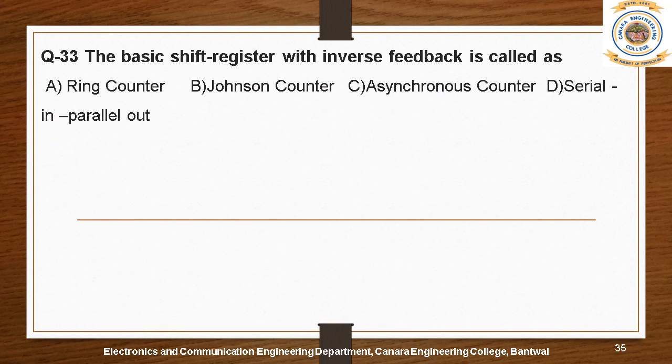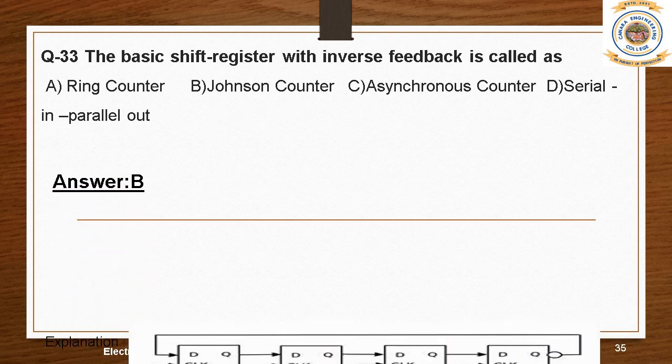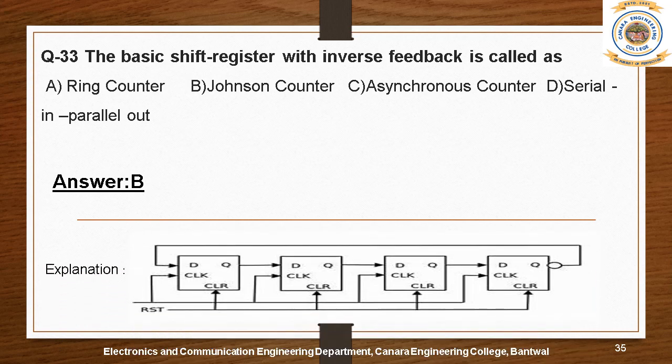The basic shift register with inverse feedback is called a Johnson counter. You have studied Johnson counter, and you can see the basic shift registers are used here with the feedback being inverse feedback.